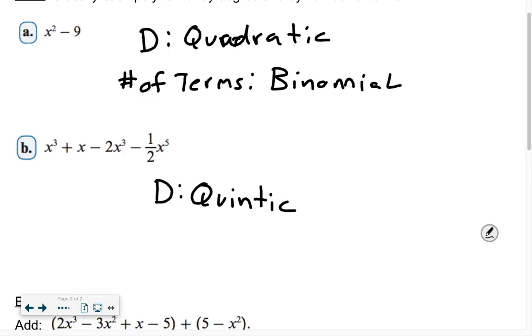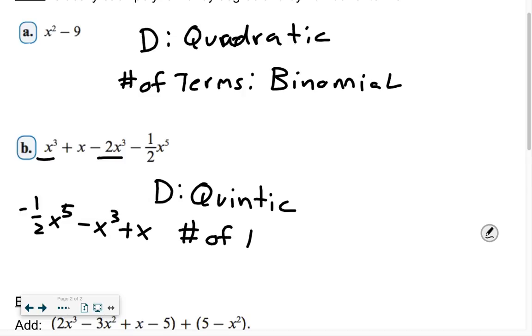What about the number of terms? 3. Good. Again, you caught on to the fact that those two are like terms. If we write this thing in standard form, which they will ask you to do, minus x cubed plus x. So the number of terms, 3 of them, trinomial.